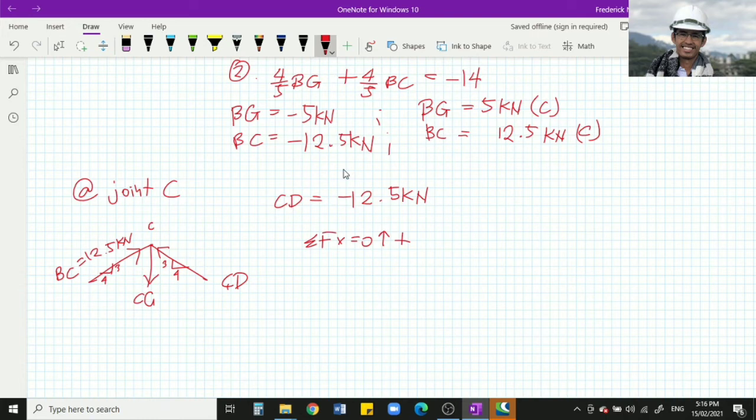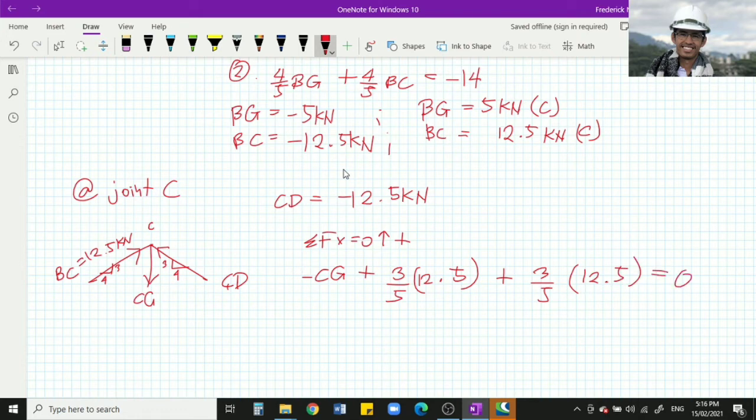So that will be negative CG plus, so upward yung dalawang force natin, BC, so that will be yung vertical component niya, that will be 3 over 5 times 12.5 plus ganon din 3 over 5 times 12.5, okay, is equal to 0.